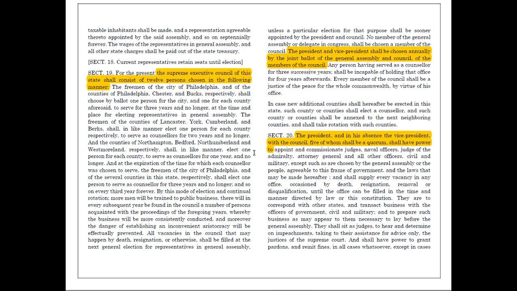So there you have it: every 7 years we're going to conduct a census of all the taxable inhabitants, and we will redraw the voting districts to make them proportional.